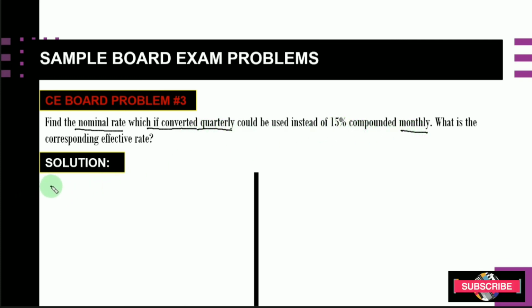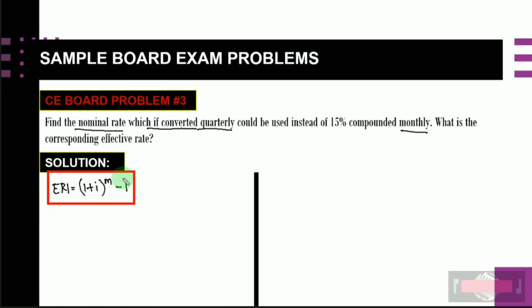So our formula for the ERI is simply equal to 1 plus i, I hope you can still remember, so our ERI is just equal to 1 plus i, and then this is raised to the m, minus 1. So this is the most basic formula that you should remember so that we can solve this problem.